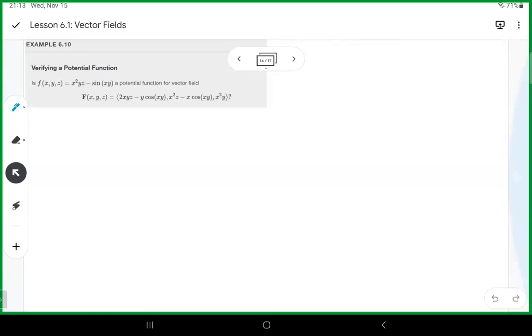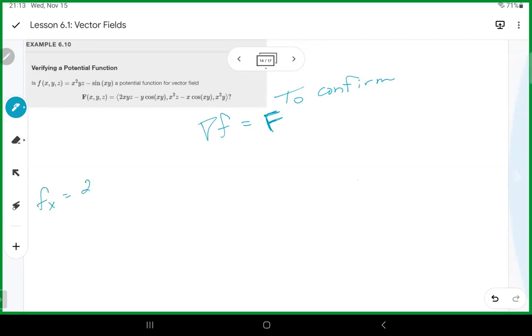So to confirm, we would need to show that the gradient of f equals big F. So we would have f partial with respect to x: 2xyz minus y cosine xy. Oh, sorry, literally xy.